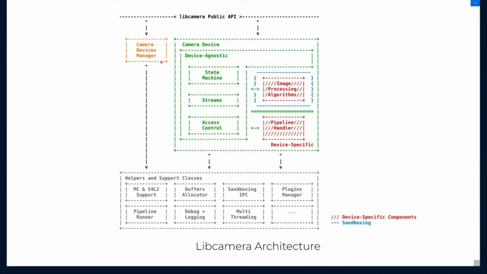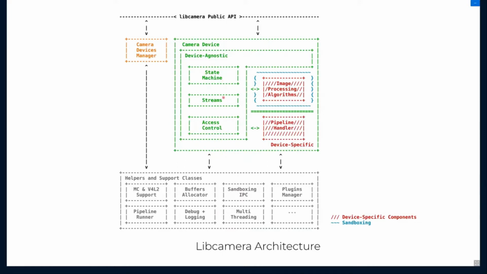It will find all the camera video capture devices attached to your system and expose camera device objects that you can use. We have state machines, so basically to track the status of the camera: it's running, it's stopped, or it's in a configured state or something like that.